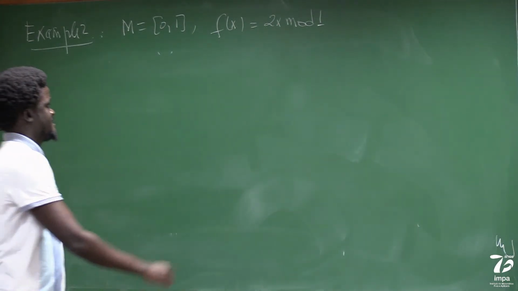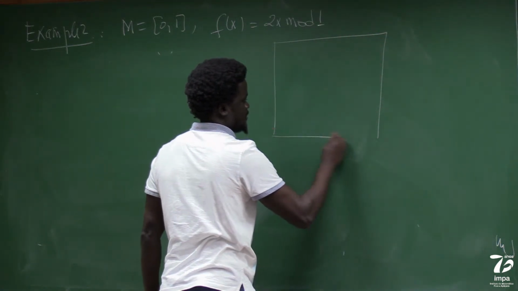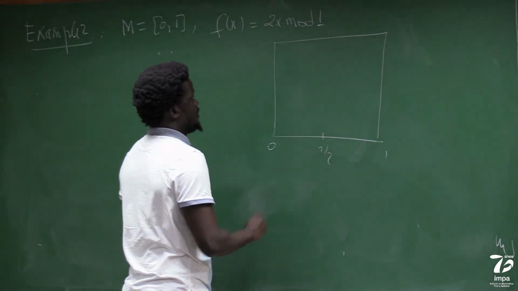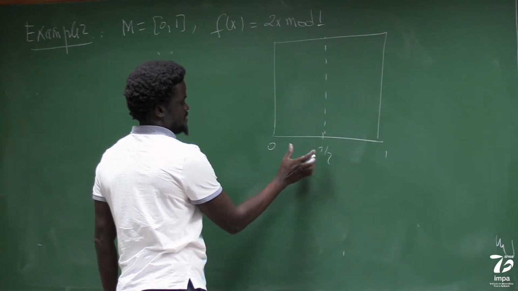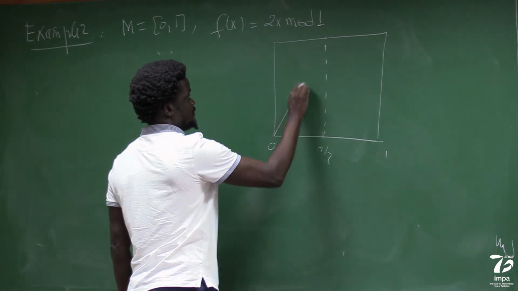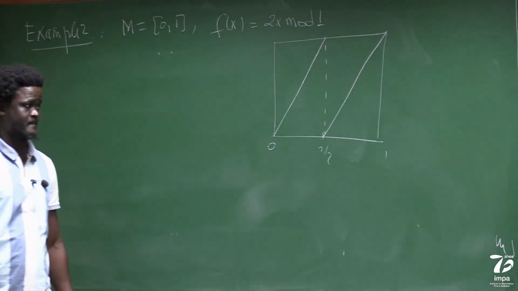If you want to see what this map is doing, you just draw the interval, so this is 0, 1, and this is a half. So this map sends 0 to a half onto the full interval. So you can look at the graph of this map here.